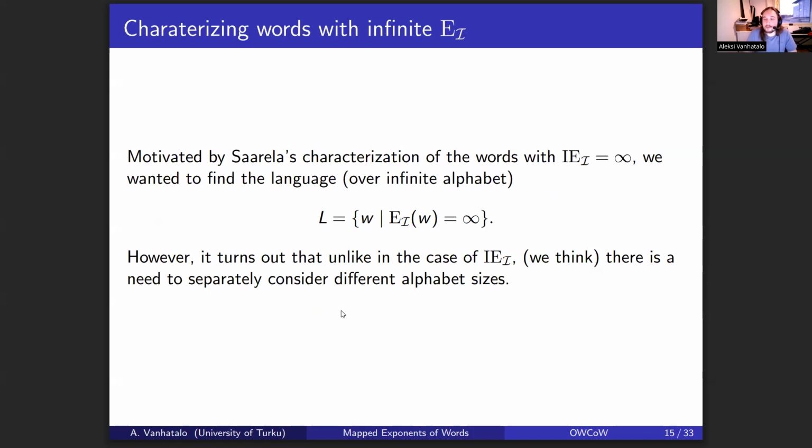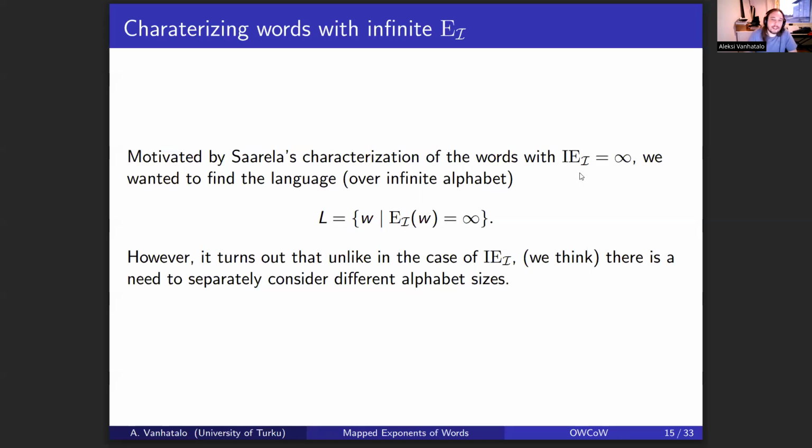And then we wanted to try to characterize the words with infinite mapped fractional exponent, since Saarela was able to characterize the ones with infinite mapped integer exponent. In the integer exponent case, all alphabet sizes work pretty similar.